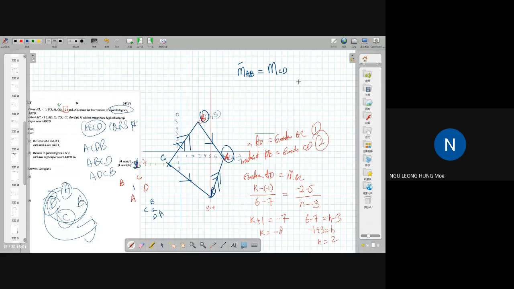Betul tidak, Surya? Dan juga gradient untuk CB pun sama dengan gradient untuk DA. Betul tidak? Betul.